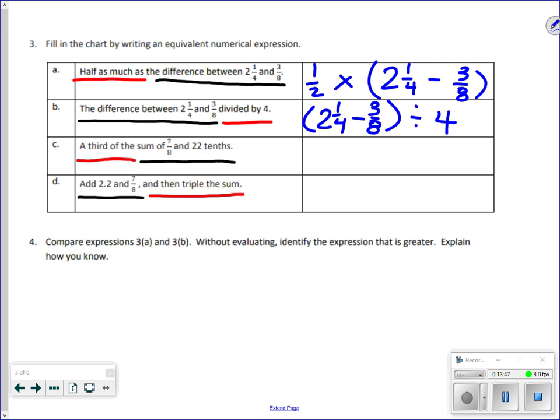A third of. So what are you doing? Adding. 1/3 of. The sum of 7/8 and 22/10. You write it.